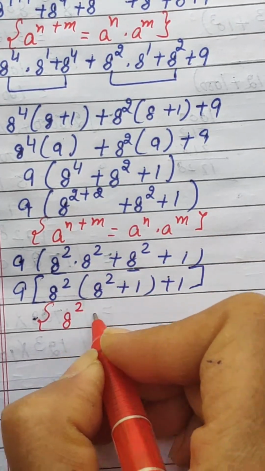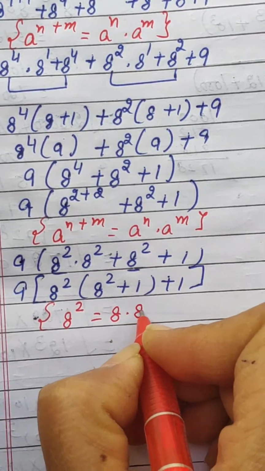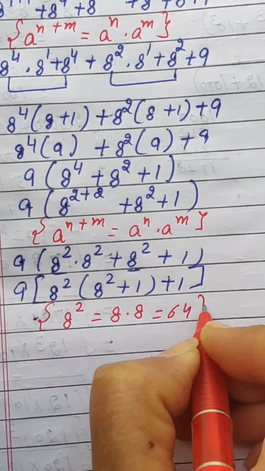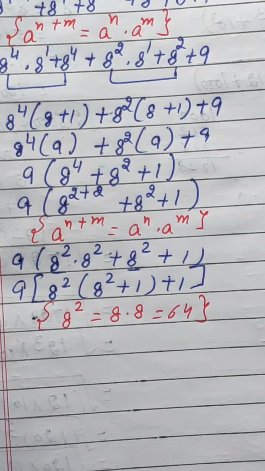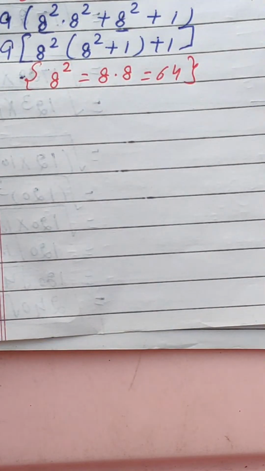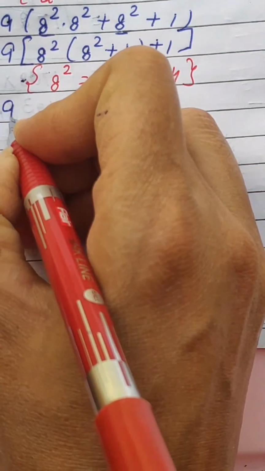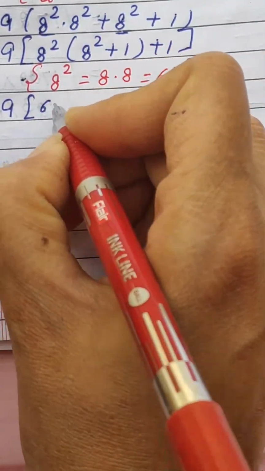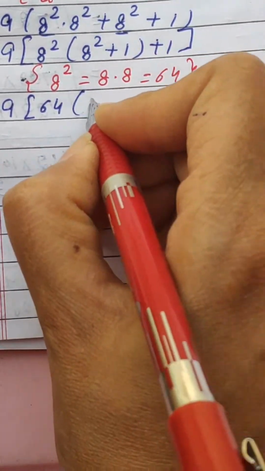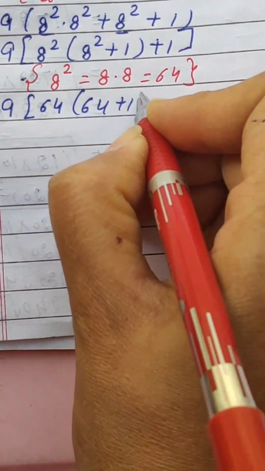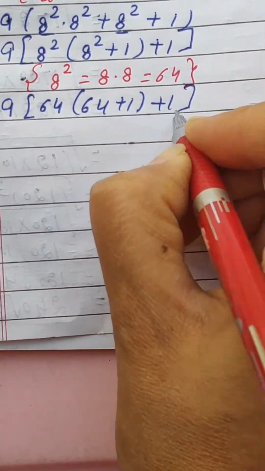So here 8 squared is equal to 8 into 8, which is equal to 64. Right? So we can write down 9 times 64 into 64 plus 1, plus 1.